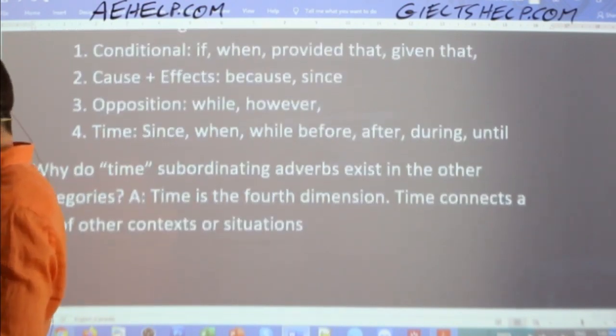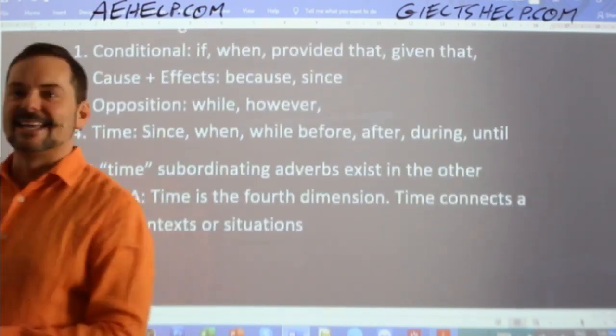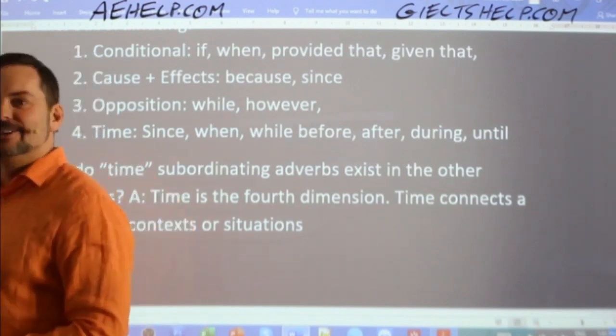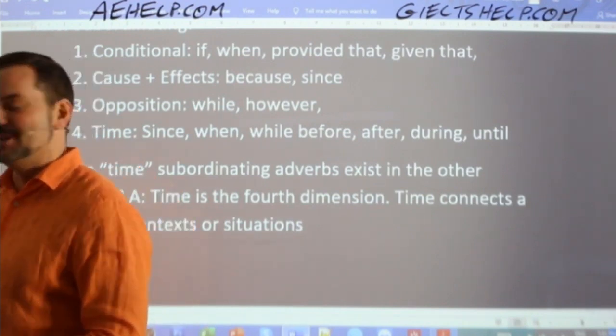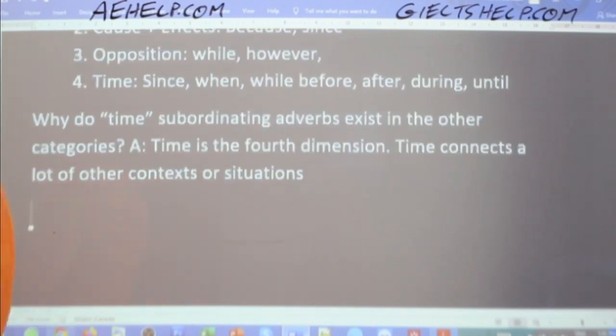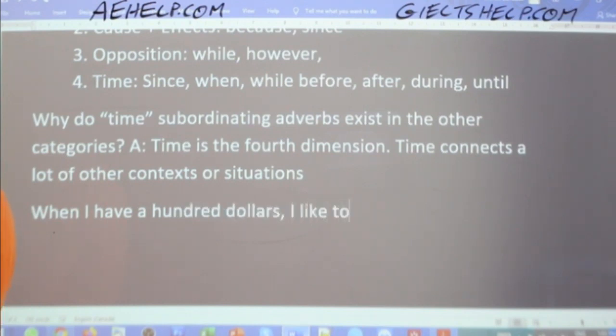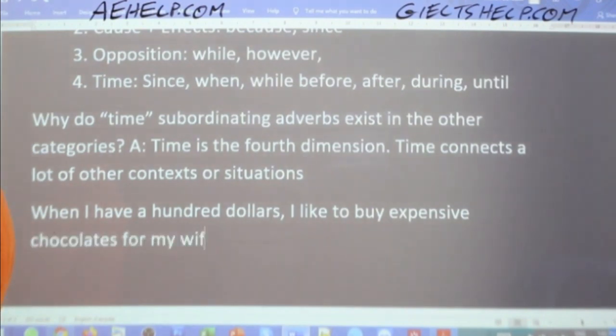So, I'm going to give you a couple of interesting sentences, and then you will figure it out really quickly here. So, here are two different sentences. When I have $100, I like to buy expensive chocolates for my wife.